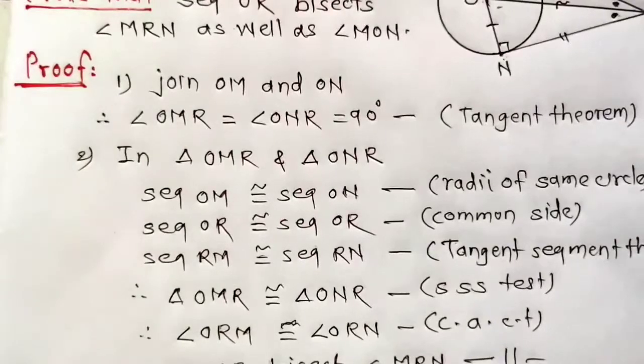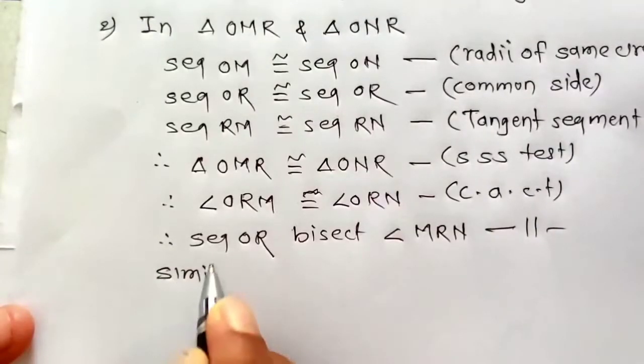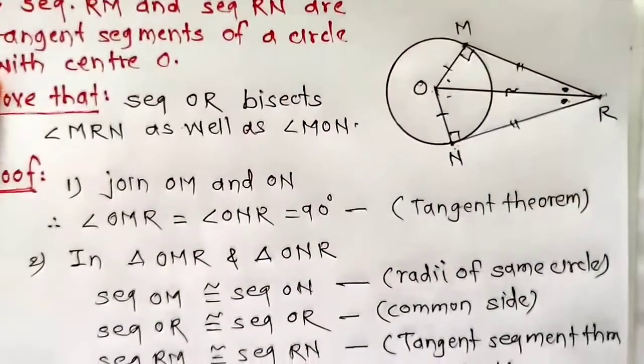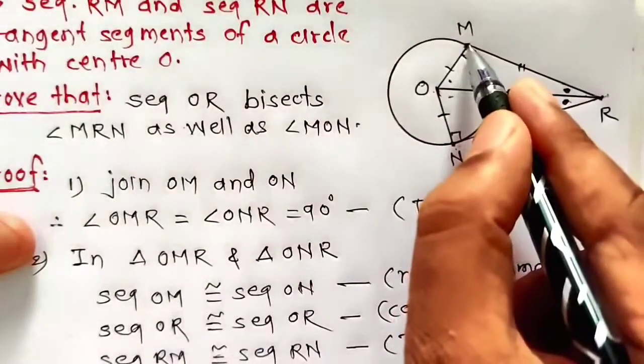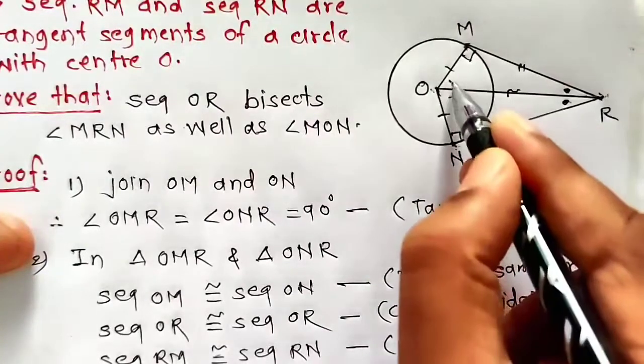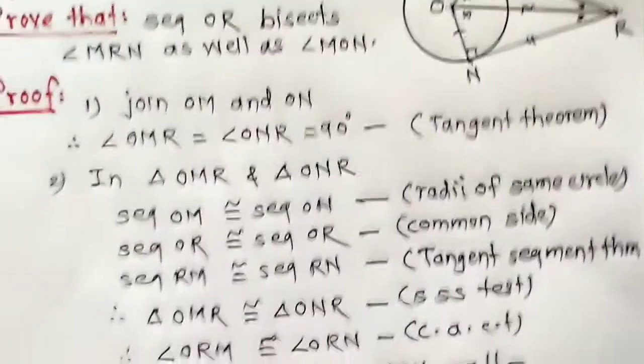Similarly, for this second pair of angles, these two triangles are congruent. Therefore, this angle MOR and NOR are again congruent, corresponding angles of congruent triangles.